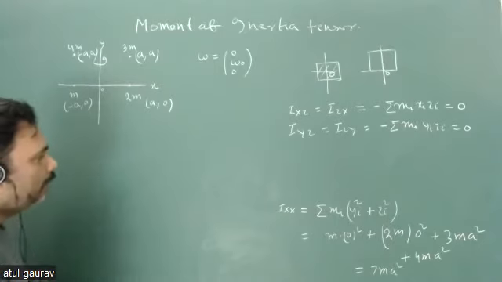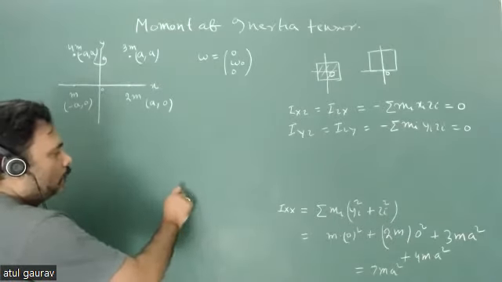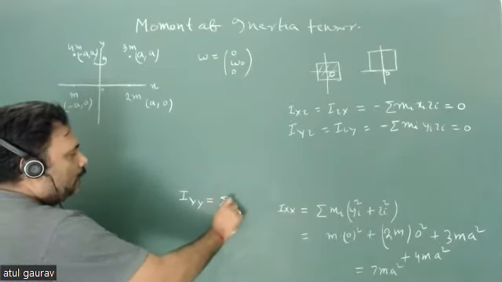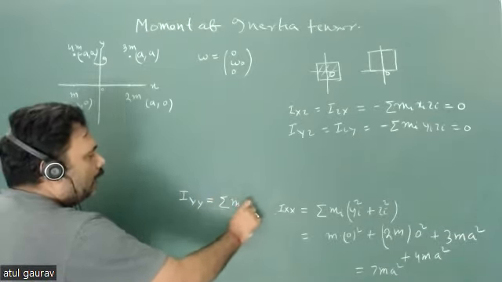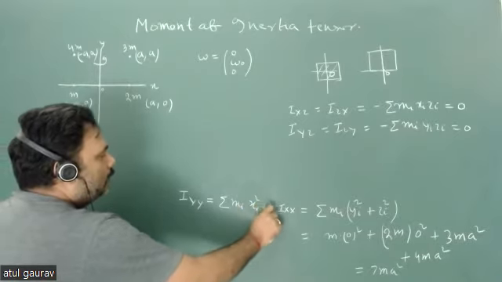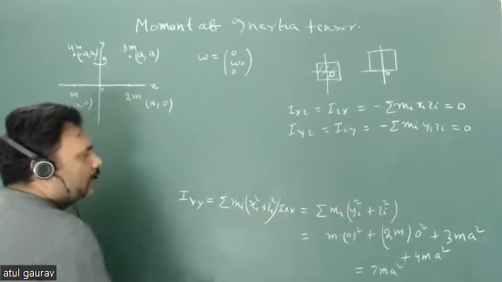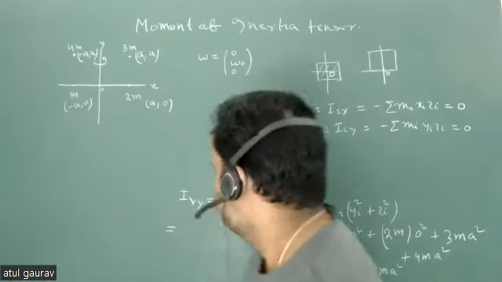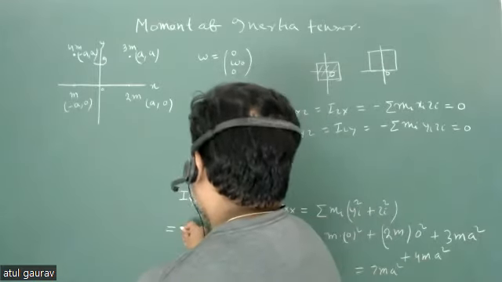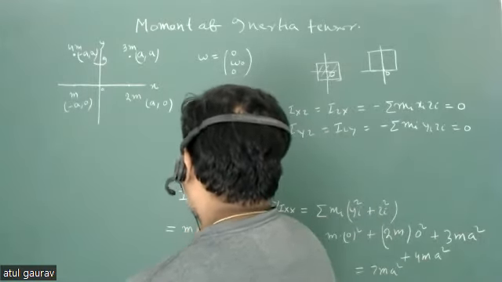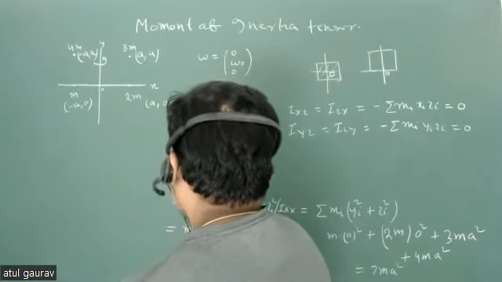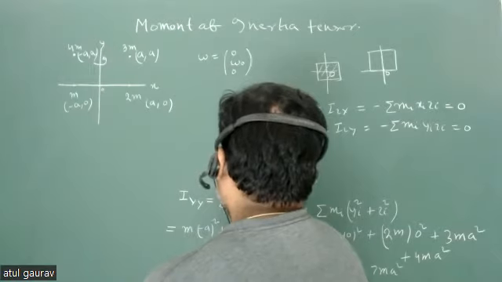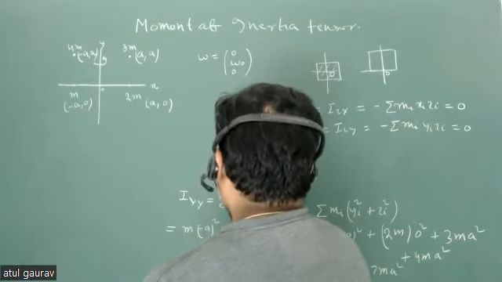Let's try to calculate Iyy. So Iyy is mi xi square plus zi square. Again zi is 0. So that value is equal to m into minus a square plus second is 2m into a square.